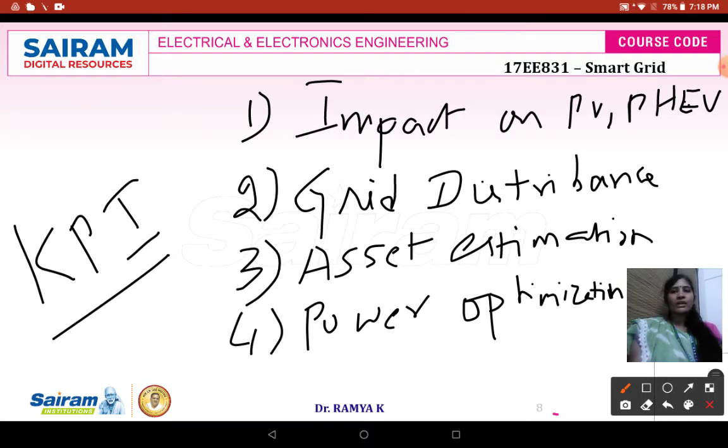So your smart grid will first depend upon identifying the research on key performance index.